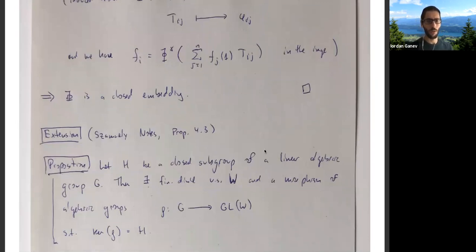If we have a linear algebraic group G, and we have a closed subgroup H of G, then there's a finite dimensional vector space W and a representation of G on W, a group homomorphism rho, where the kernel of rho is H. So anytime we have a closed subgroup, we can find a representation where H is exactly the group elements that act trivially on all the elements in W. Okay, so I won't prove it.